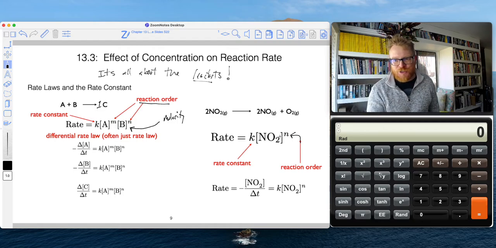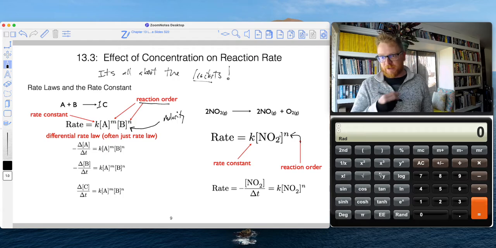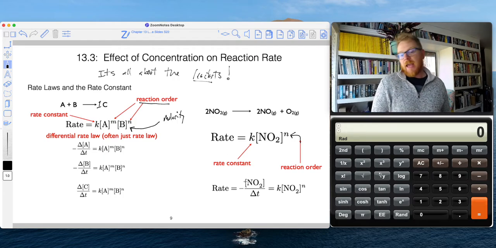Unfortunately, we can't do that in kinetics. We can do that in equilibrium, but not in kinetics, and hopefully that will become more obvious as we build up this material. Filling this in specifically, there should be a delta right here. So rate equals negative delta NO2 divided by delta t, which is k times NO2 to the n. We don't know what n is; we've got to figure it out.